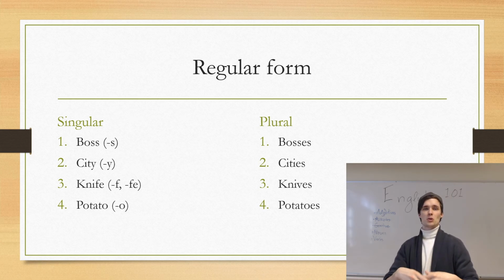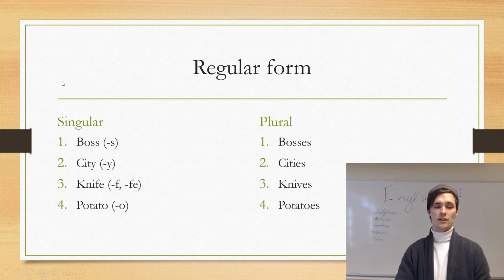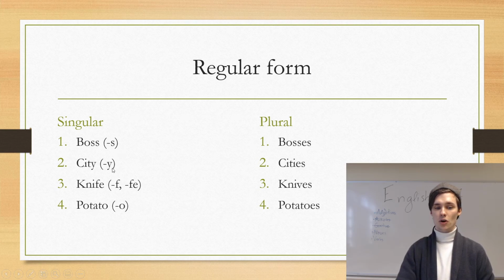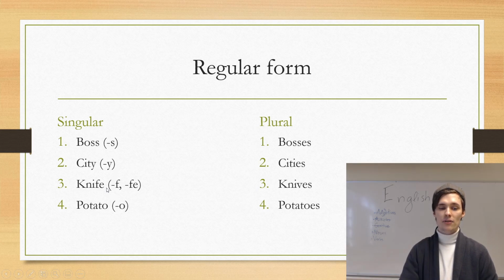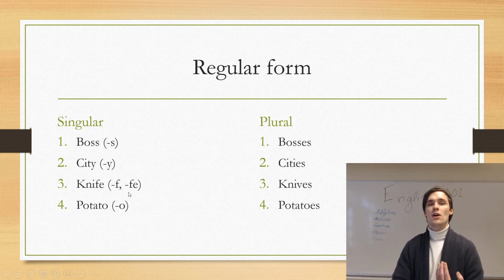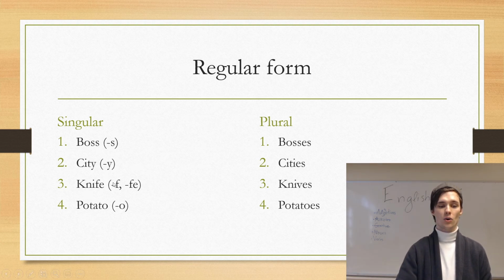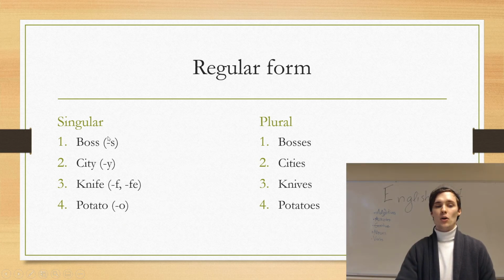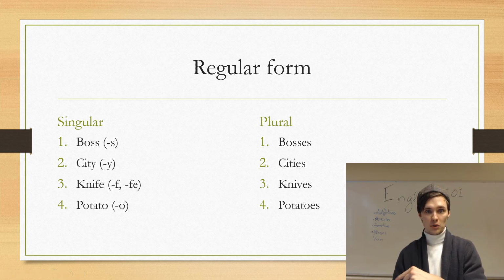And then you have something called the regular form of a noun. You have the singular here on one side, where we have boss, city, knife, potato, and then we have the different forms here, where boss ends with an S, city ends with a Y, knife ends with an F or FE, potato ends with an O. All of these are regular, so if you have other words that end with S or Y or the F sound, or O, like tomato, then they all work the same when you put them in the plural form, which we can see over here.